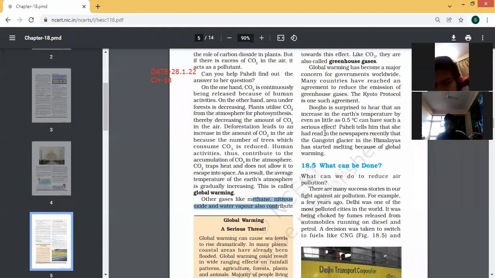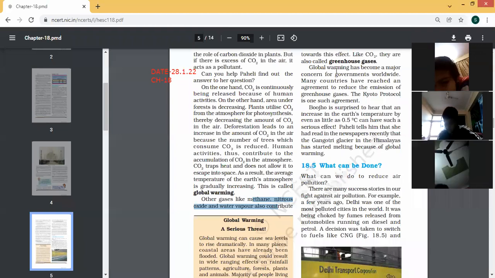Paheli tells him that she had read in the newspapers recently that Gangotri Glacier in the Himalayas has started melting because of global warming.